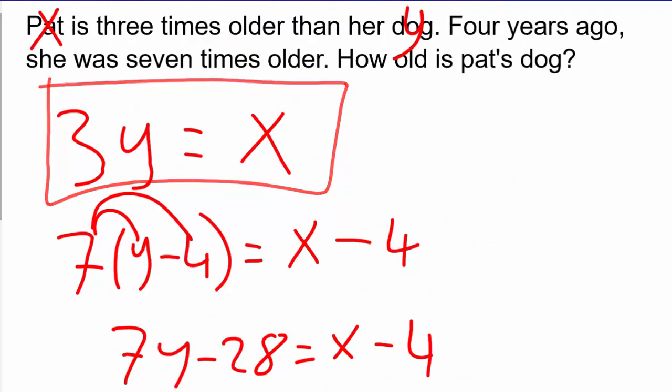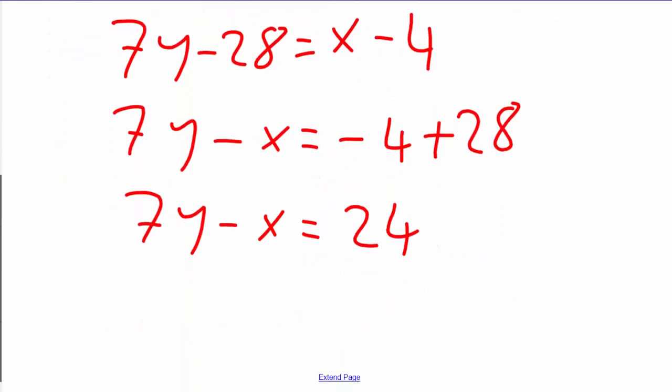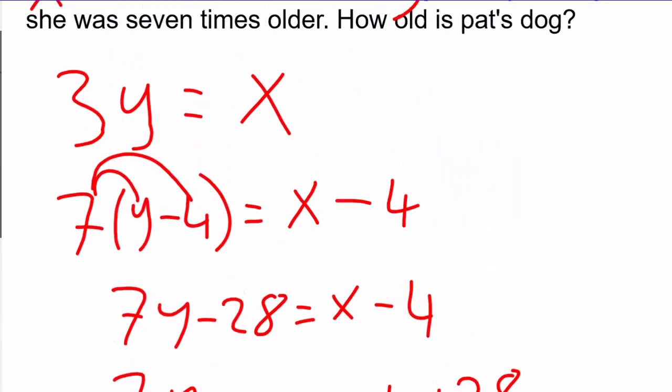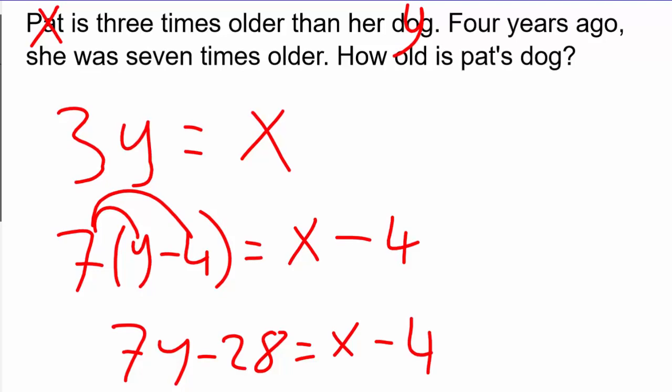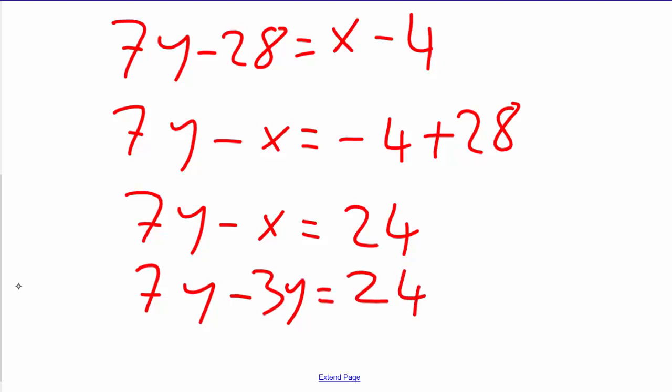Now using both equations, I will find out x and y. So let's go back. 3y equals x. So wherever I see x, I can write down 3y. 7y minus 3y equals 24.